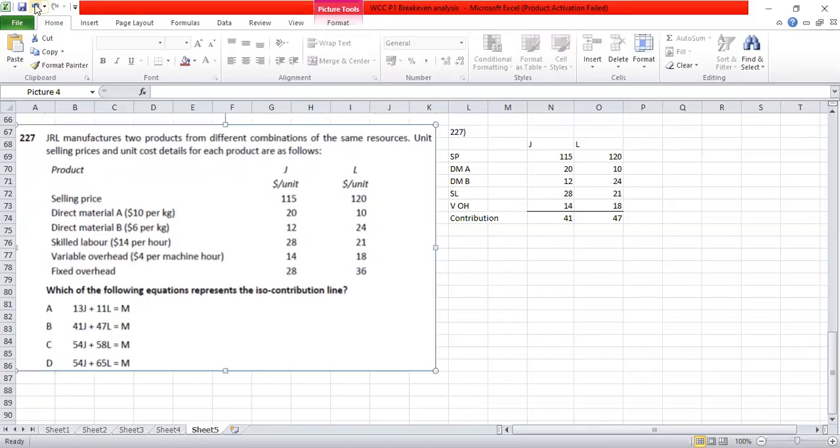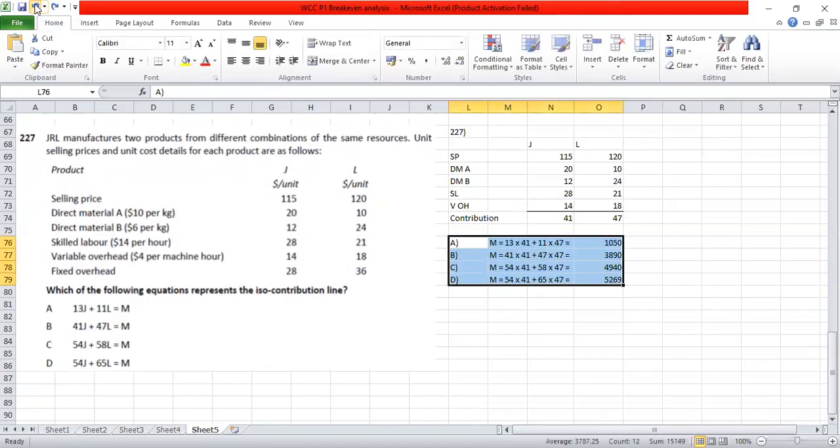But the question is not asking about, see, if we do this one, we are just verifying at which point M is maximum or minimum. That is the calculation. The question is asking which of the equations represents the ISO contribution line.